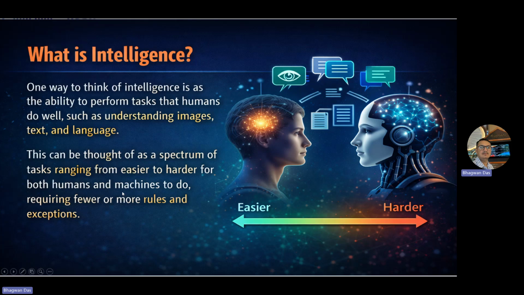So this can be thought of as a spectrum task, ranging as well. You see the spectrum is ranging from easier to hard, for both machines and humans as well. So let's say if you are performing a task that has fewer rules, it means the intelligence required is less and the task is easier.